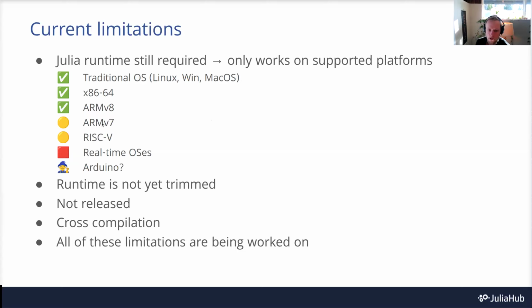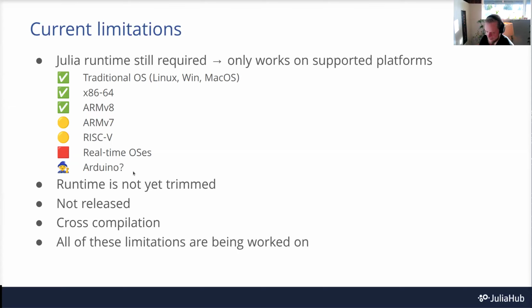If you are on an ARM v7 or on a RISC-V processor, it might work. So Julia has been demonstrated to work, or it has worked at one point in time, but it might not be completely straightforward. All right, and if you're on an esoteric real-time OS, currently it will probably not work. At least it will not be easy to make it work.